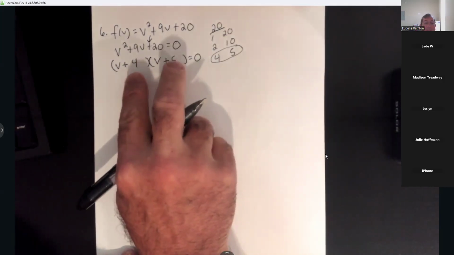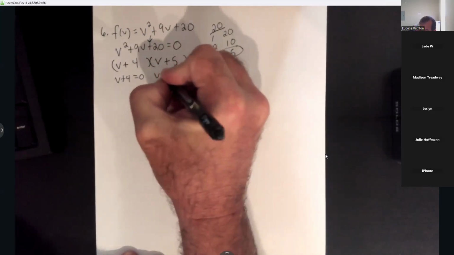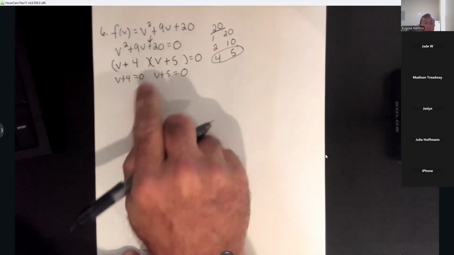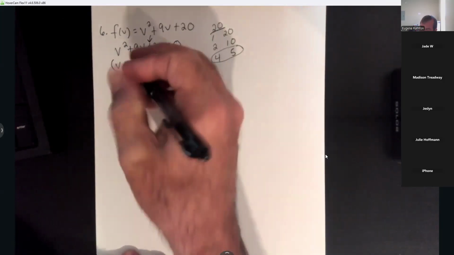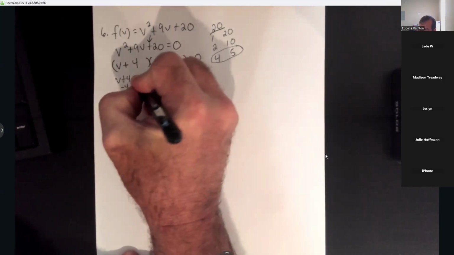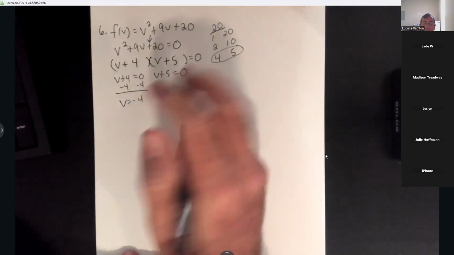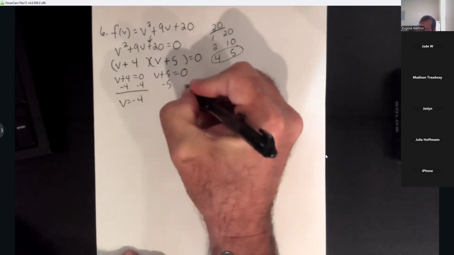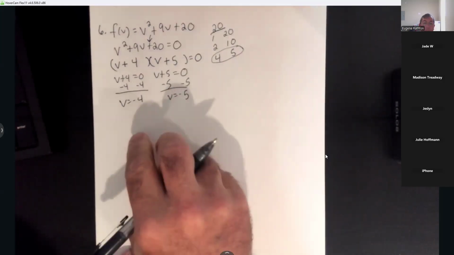Now, at this point, set both of them equal to 0 and solve this. And y'all, what I would do, solve this one, subtract 4 from both sides. So v is a -4, and then here subtract 5, and I get v is a -5.